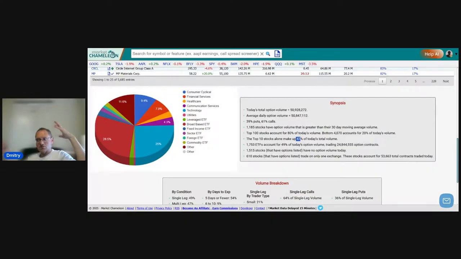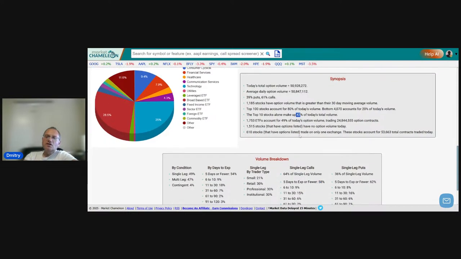It's not equally distributed, where you have lots of volume across all these different stocks. Options activity is very concentrated. And here we see that if we just took ETFs alone, that represented 49% of the volume. So you can see about half the volume is going to ETFs, the other half to single stock securities.